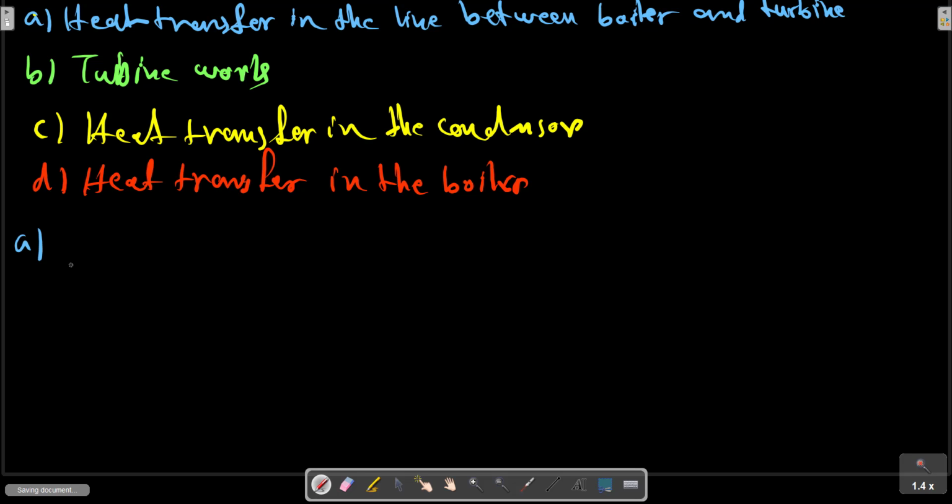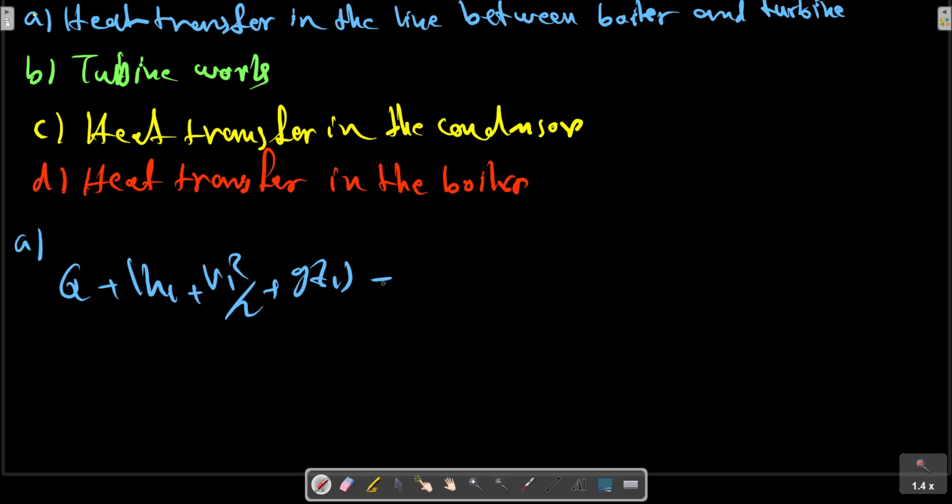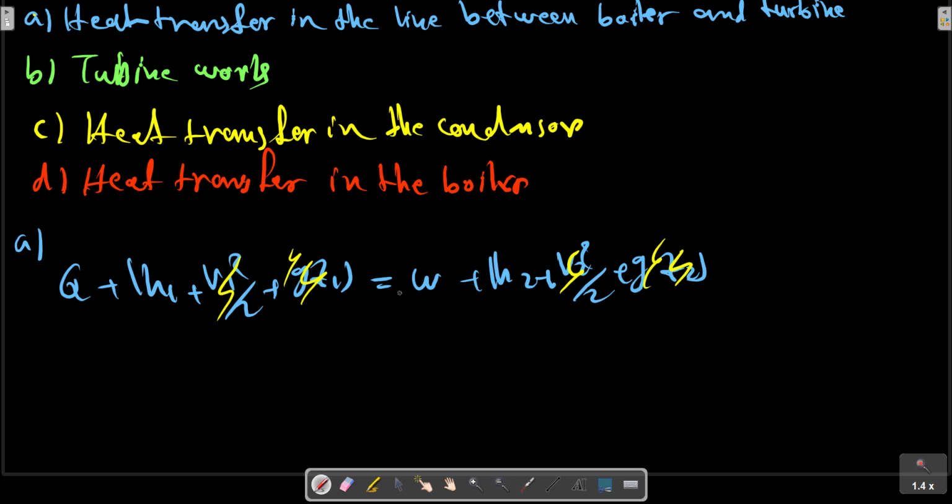The energy equation is Q plus H1, V1 and Z1 equals H2, V2 and Z2. The kinetic and potential energy changes are the same, so they are 0, so Q is H2 minus H1.